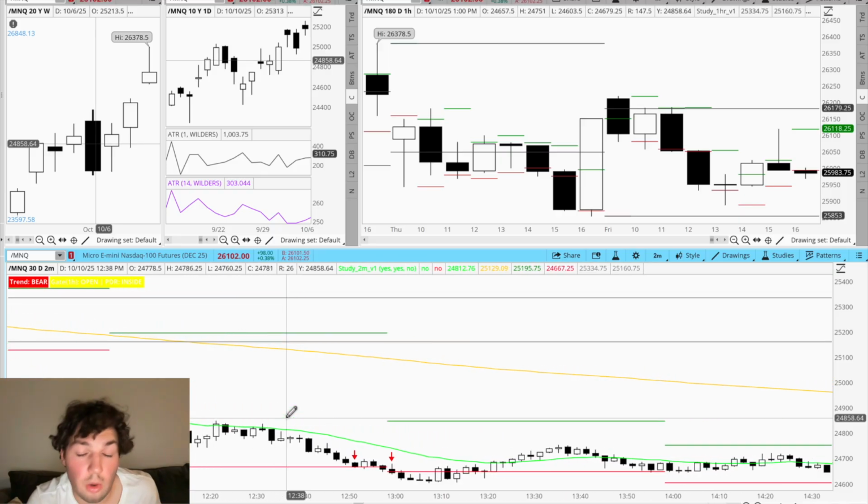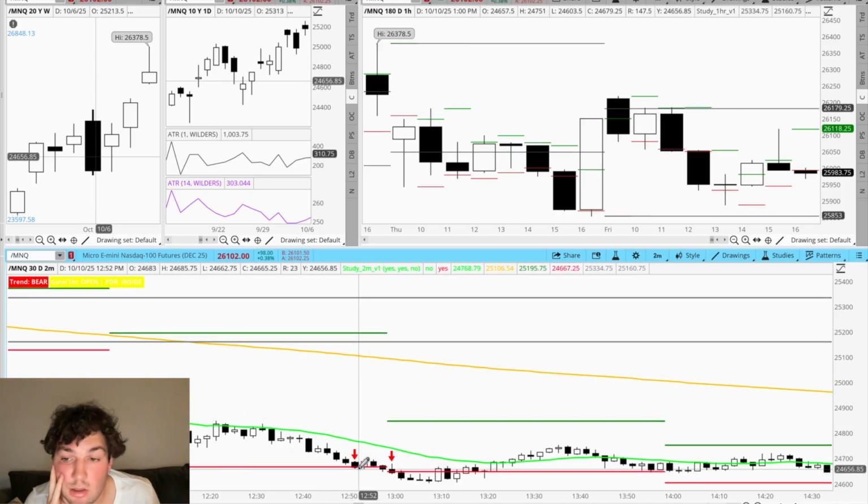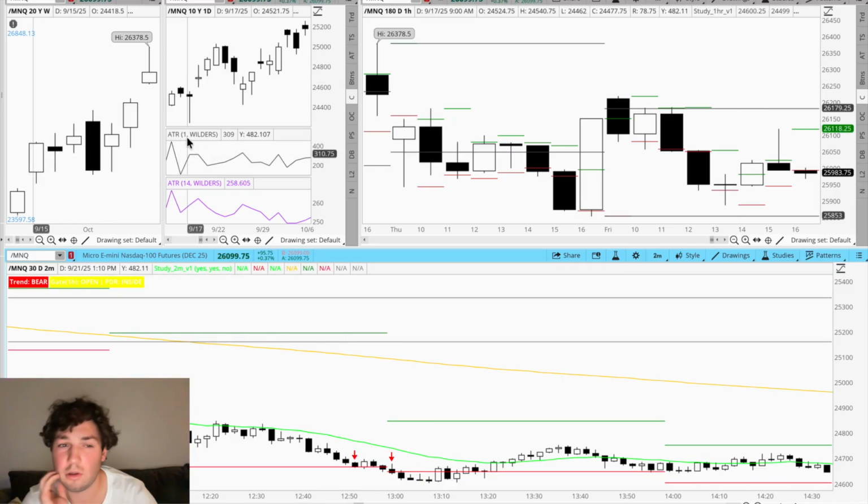Here, another one of my rules is, unless it's the open, the first 30 minutes, or a red folder day, I use these ATR indicators up here, the ATR1 and the ATR14.